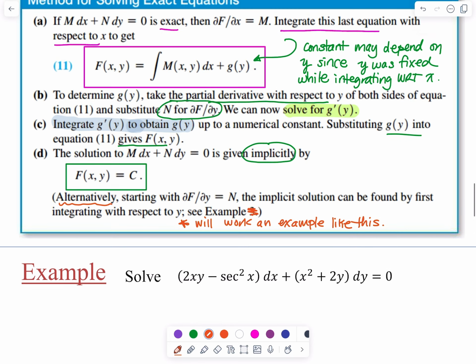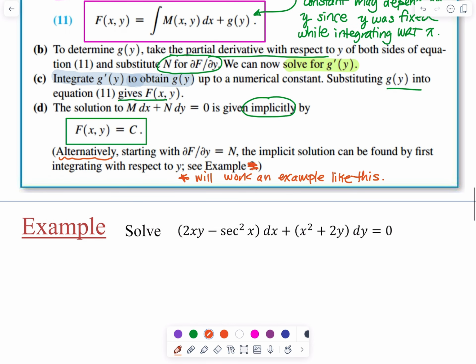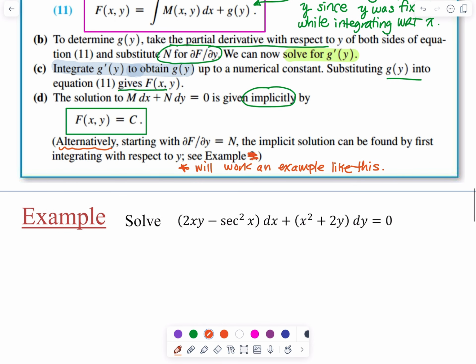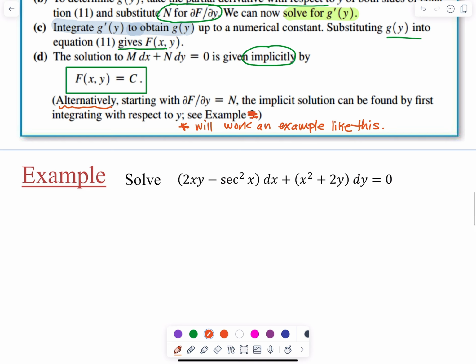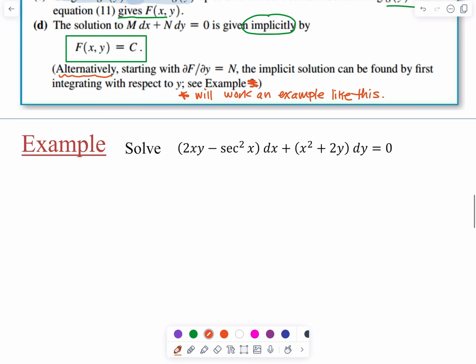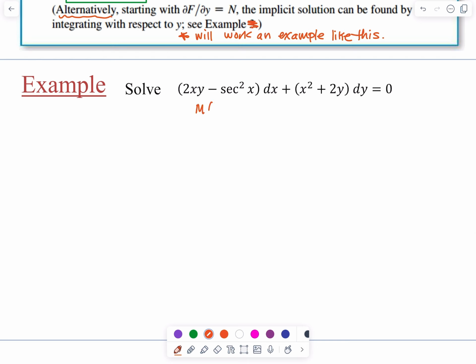Okay, let's go ahead and look at our first example and put all of this together. Here we are going to solve this differential equation. And as you can see, we are in differential form. So you can see that this is M(x,y) and this is N(x,y).